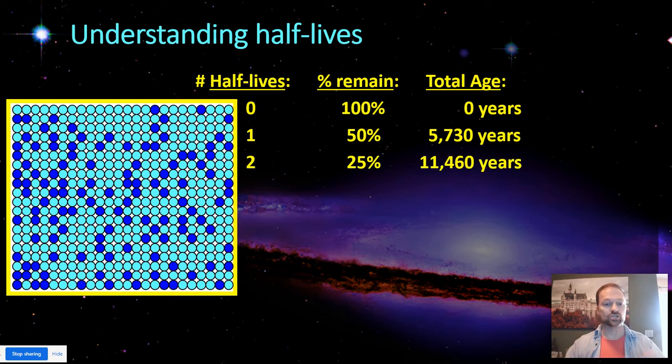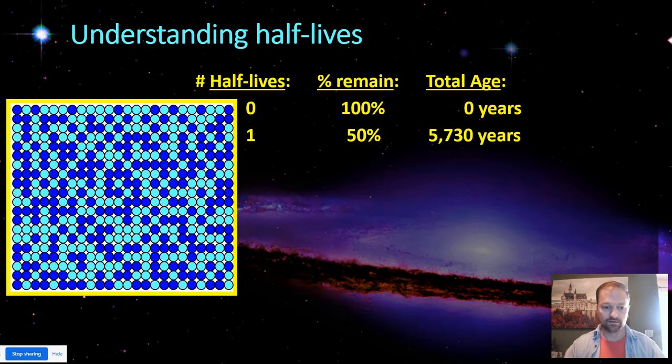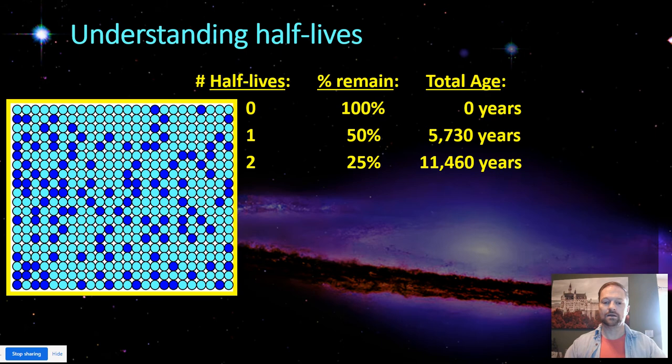Check it out. Let me show you the change one more time. Watch. 50% of that sample after 1 half-life. Now another half-life goes by, and half of that 50 is gone, and now we're down to 25% left. So picture this.